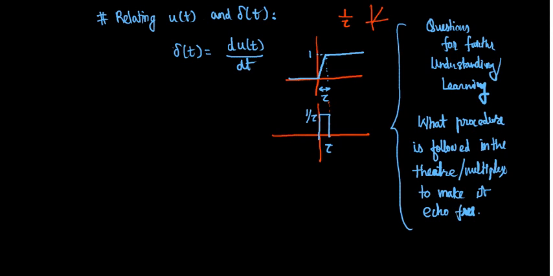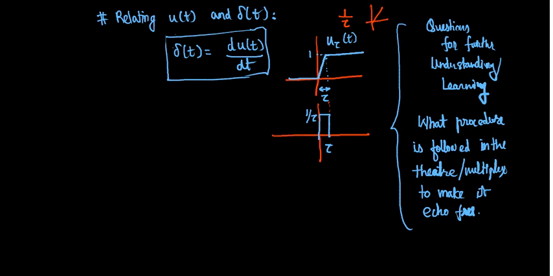Let this be u tau of t. If tau tends to 0, then it will be u of t, the ideal signal, and this will be an impulse signal. That's how it is defined. I mean, del of t is equal to the differentiation of the unit step signal.